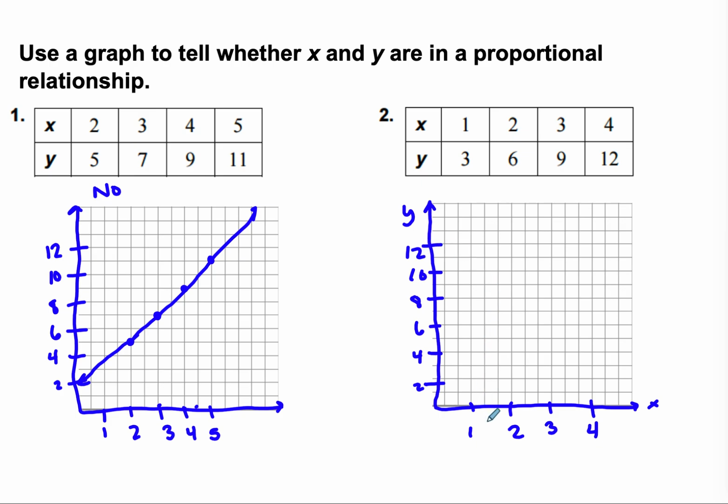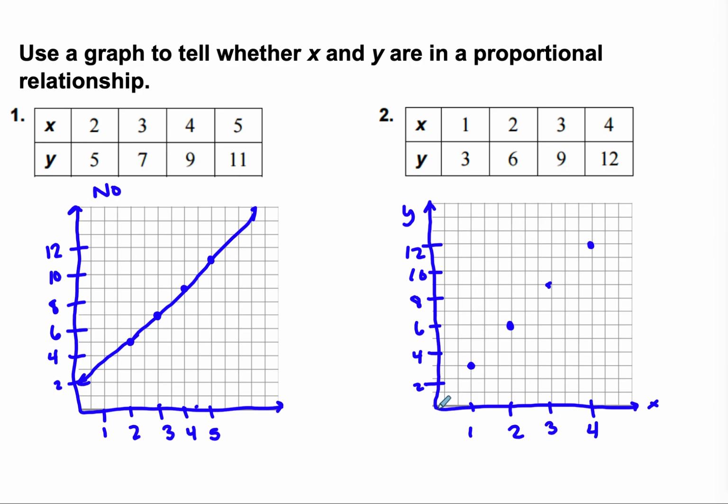All right, I'm ready to plot my points. So 1, 3 would be right here. 2, 6, 3, 9, and 4, 12. Did I do that right?